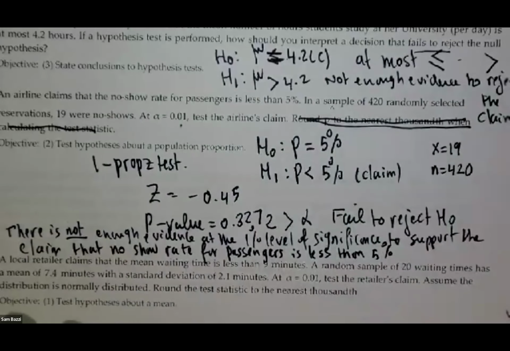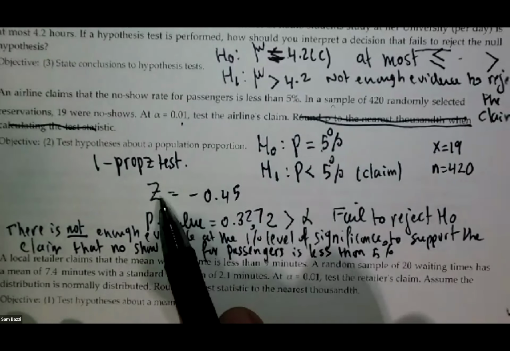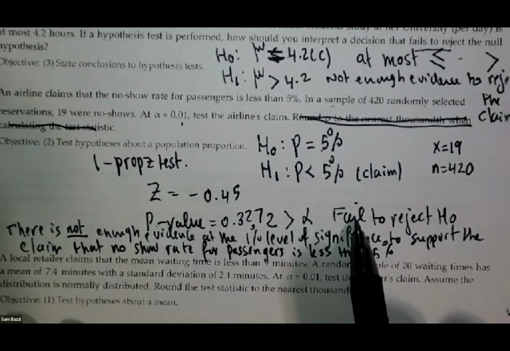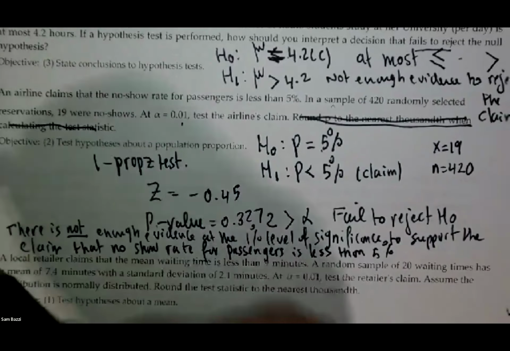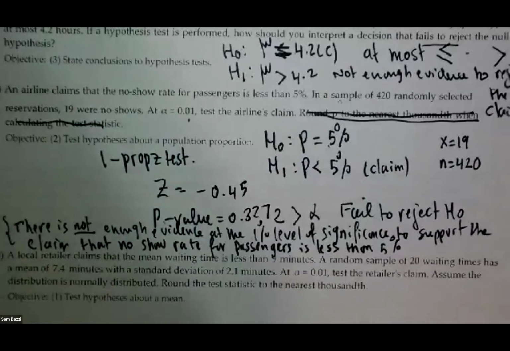Any questions? You do this, guys, you get full marks because you highlighted all the steps for this one. Step 1, step 2, step 3, step 4, step 5. And step 5 is an extremely important statement because that's the conclusion. Do you support the claim or you don't support it? We're saying we don't support it. We don't have enough evidence to support the claim.